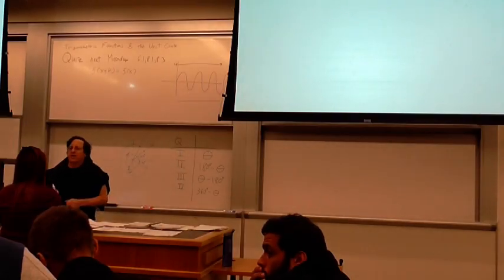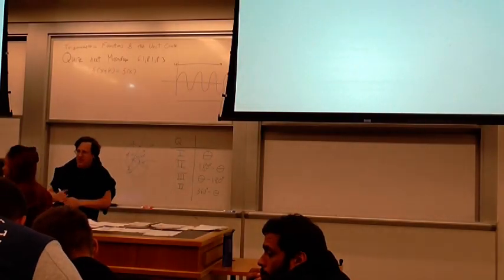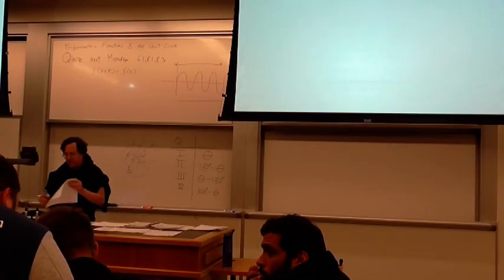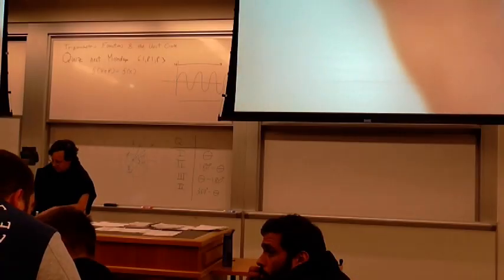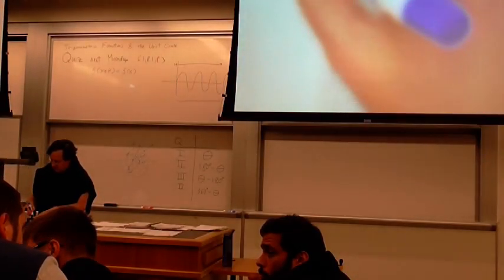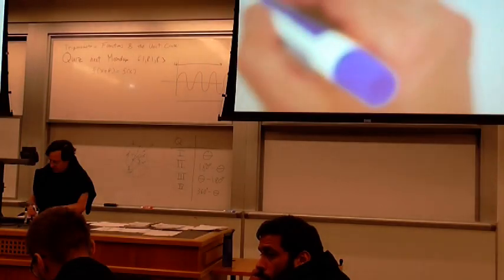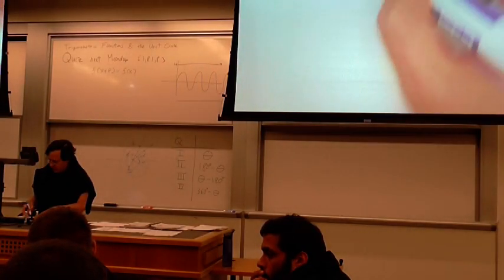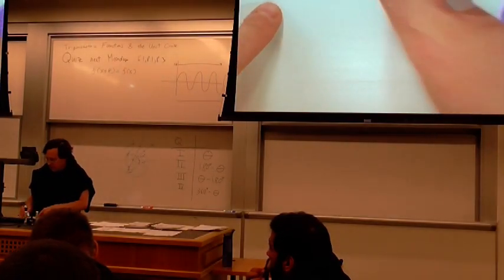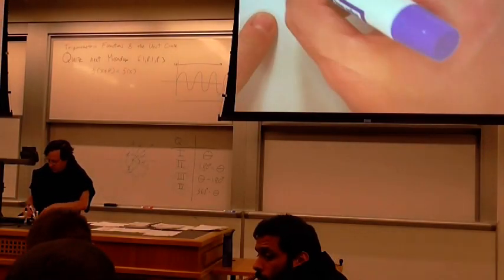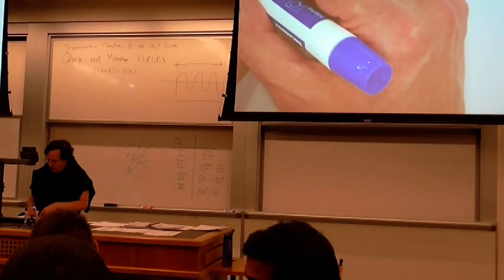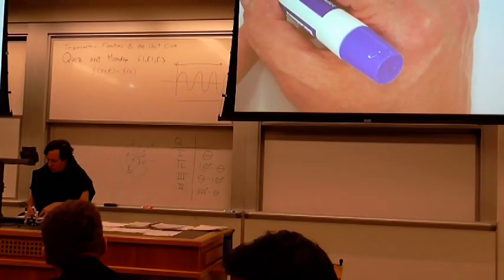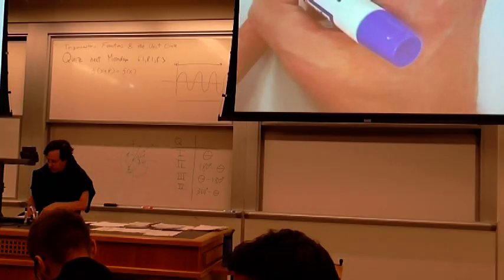My brain is, I can't figure it out. I'll think about that for a minute. So if I have an angle, it's minus 100 degrees. Oh, I know. So that's really 260 degrees.